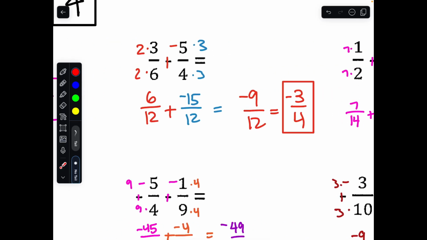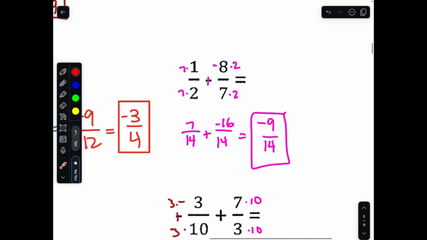On 6 and 4 as our denominators, the lowest common denominator would be 12. That's why we multiply this side by 2 and this side by 3, then combine the top numbers, getting our fraction, and then we can simplify this one. Same here with this.